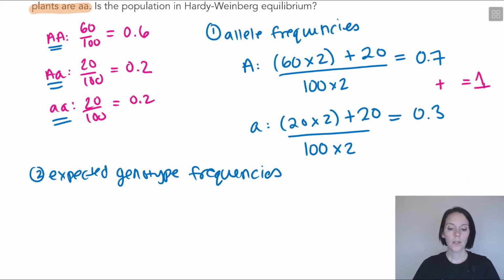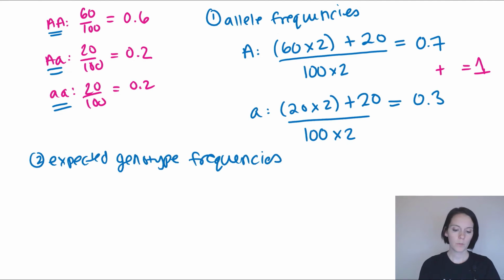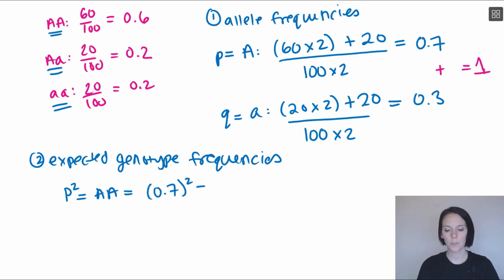Okay, so for our genotype frequencies, we're looking for our p squared, which remember is our big A big A genotype. We already calculated our p, which is right here, and this is our q right here. So p squared is given by 0.7 squared, which equals 0.49.